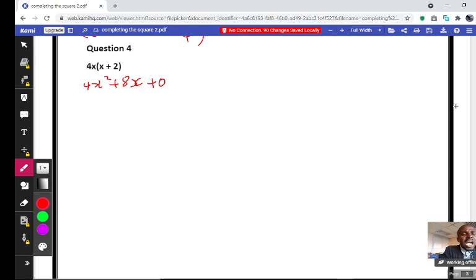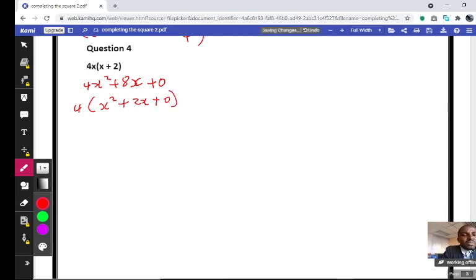Then after this, the coefficient of x squared is not 1. It's 4. So you have to factor out 4 and divide everything by 4. So it will be 4 here, then x squared here, plus, then divide 8 by 4, it will be 2x. Divide 0 by 4, it will just be 0.